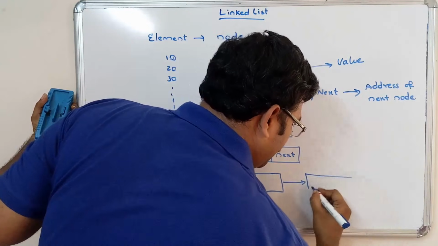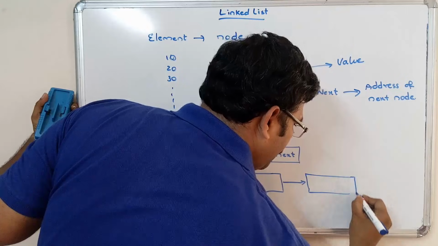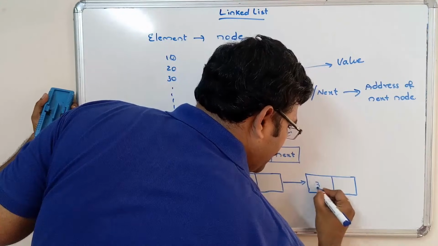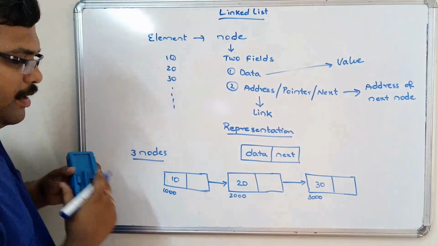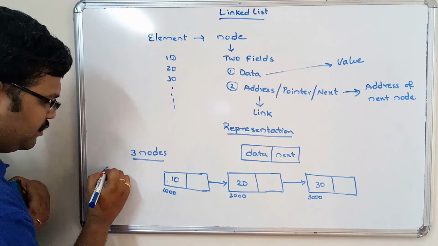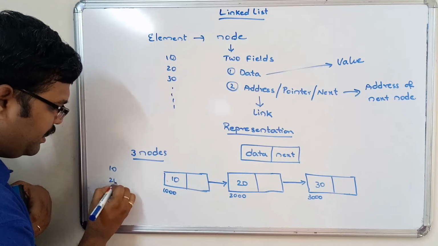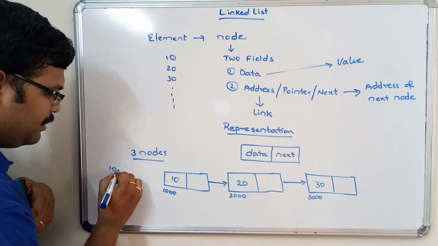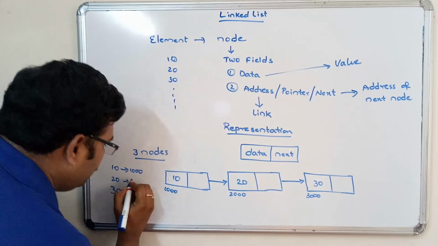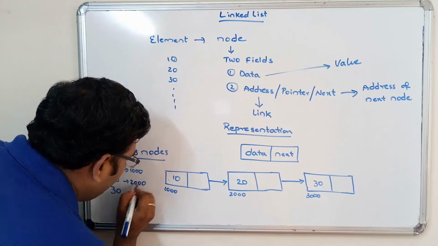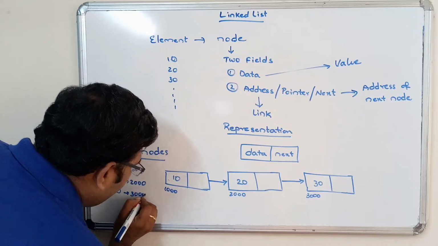Then 30, the memory location is 3000, right? So three nodes, 10, 20 and 30. The address of 10 is 1000, the address of 20 is 2000, the address of 30 is 3000.